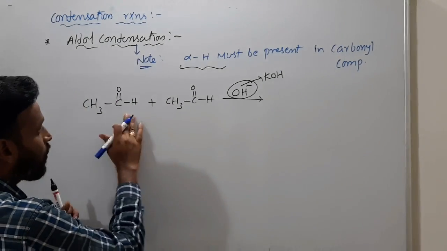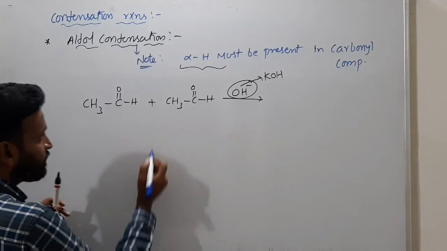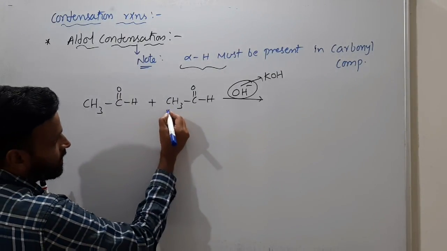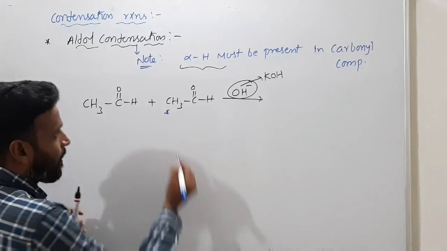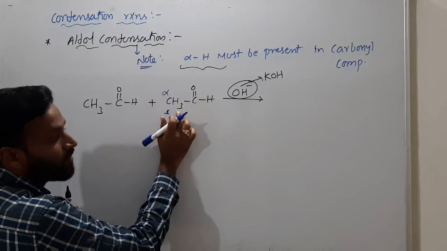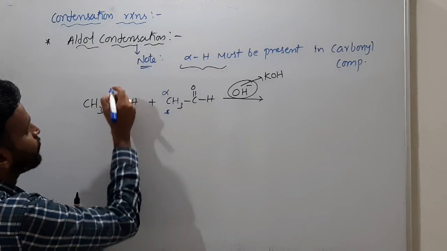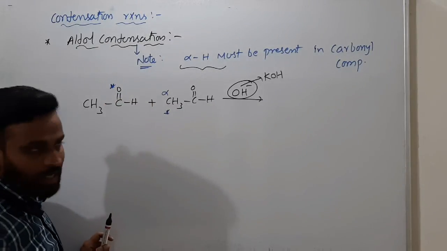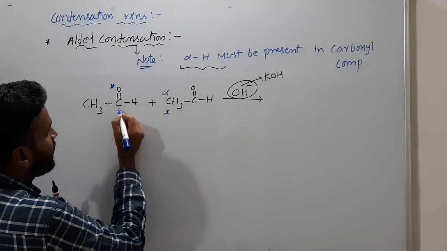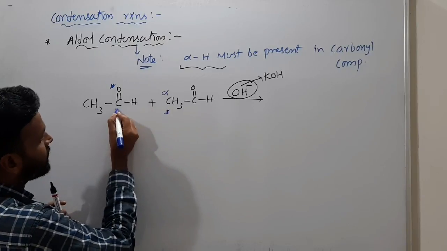Remember this one. Now let's see what happens. Very simple. This is the alpha carbon. From the alpha carbon, hydrogen will go to oxygen. Understanding?